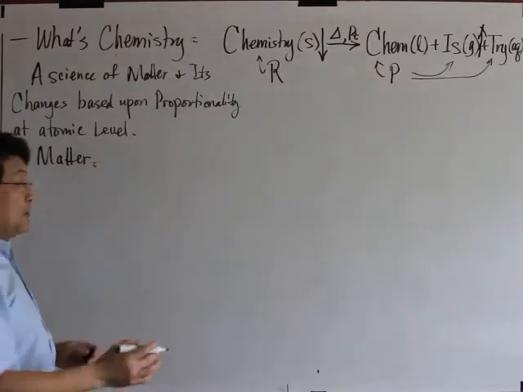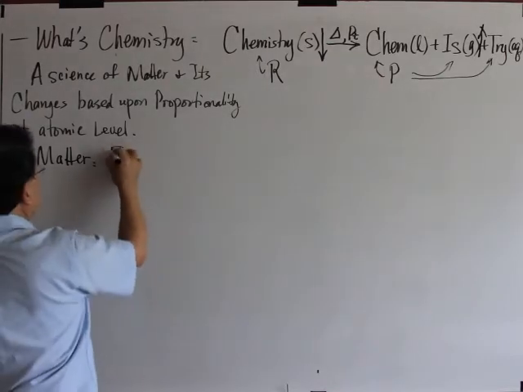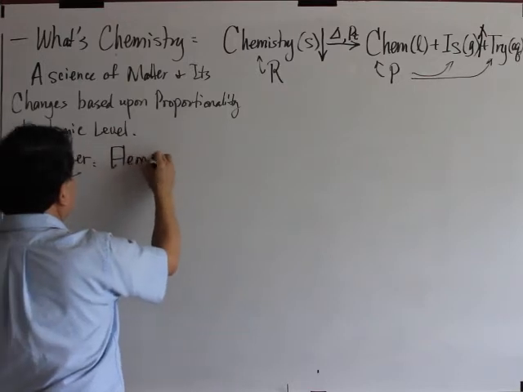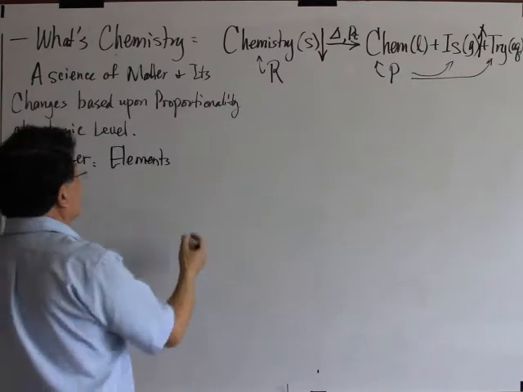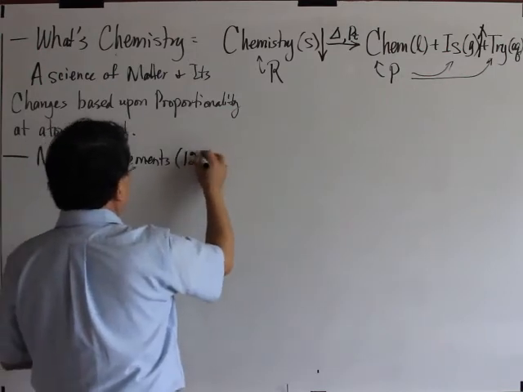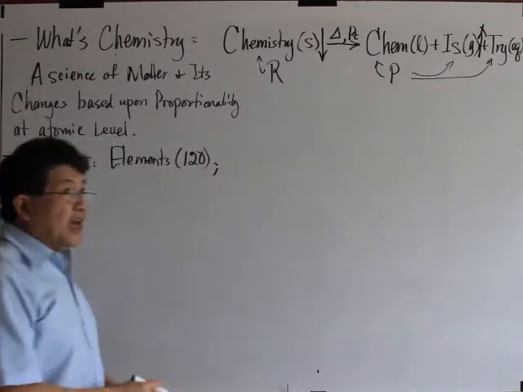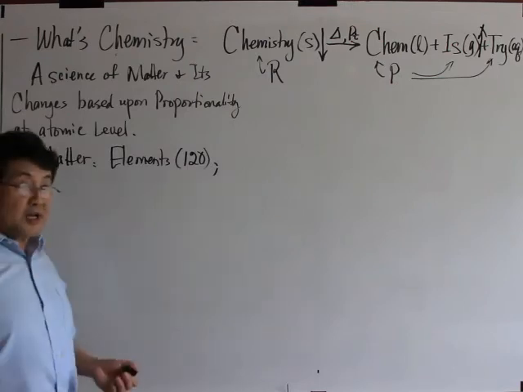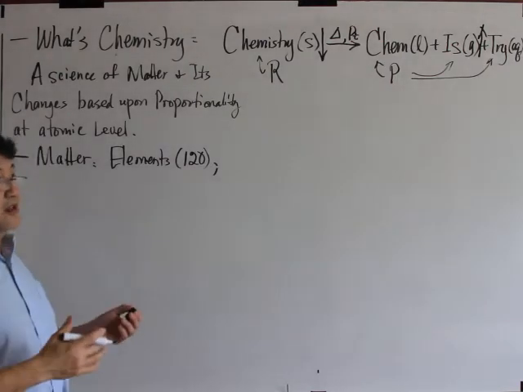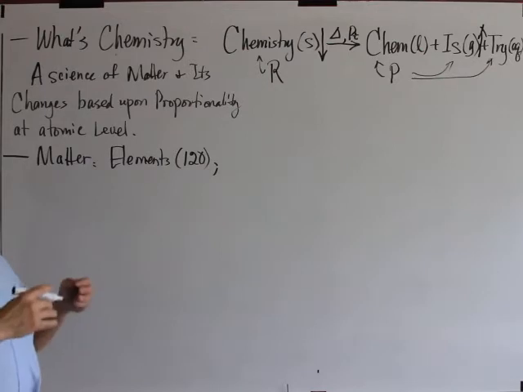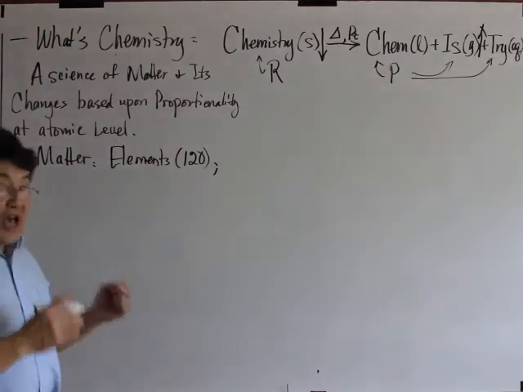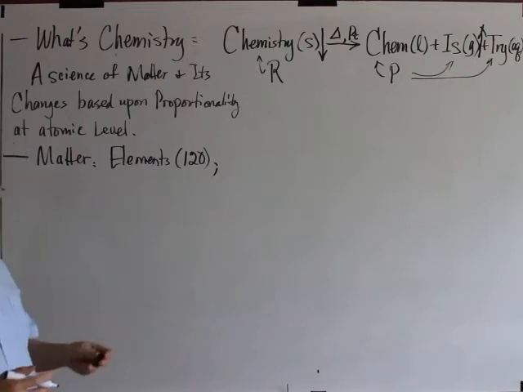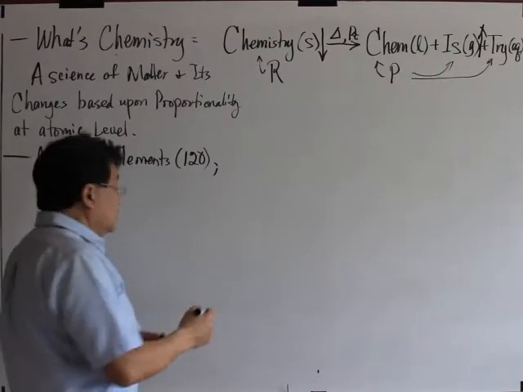So we already talked about it. When we talk about chemistry, we deal with elements. So far, say 120 have been discovered. The atoms of different kinds of elements: each different kind of element has its own unique, distinguished atoms as the smallest particle of the element.